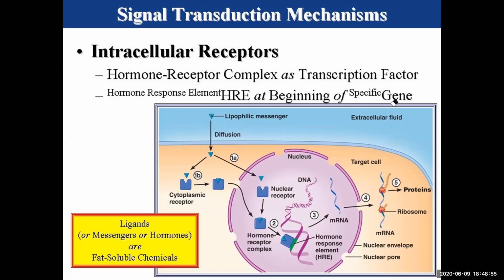A gene is a specific DNA sequence that codes for a protein. Okay, we're going to learn that later in the semester. So when we talk about a gene, it's a specific sequence of nucleotides, DNA nucleotides, that contain information to code for a protein.